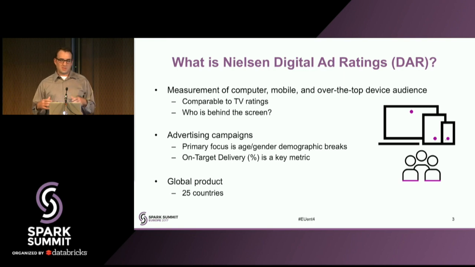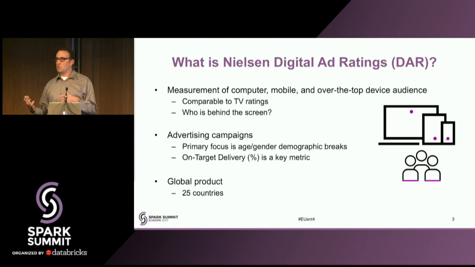The primary focus of these advertising campaigns is on age and gender breaks. So, for example, an advertiser is interested in how many digital ads were served to a target demographic, such as adults 25 to 49.